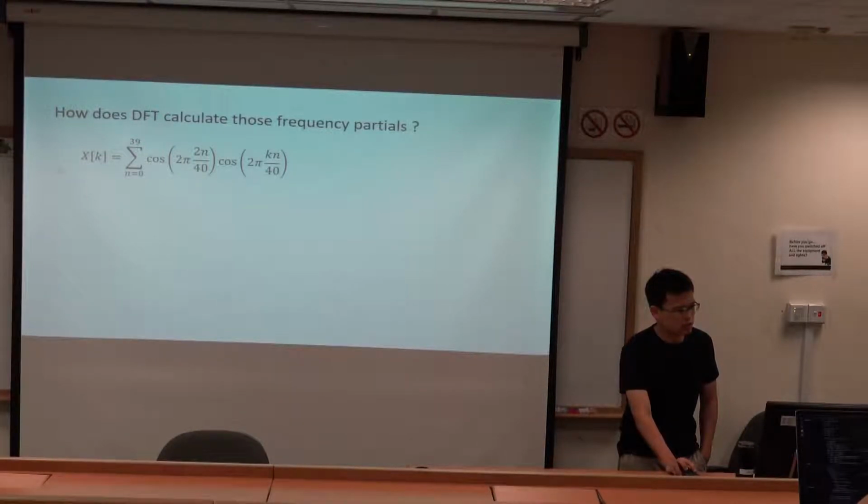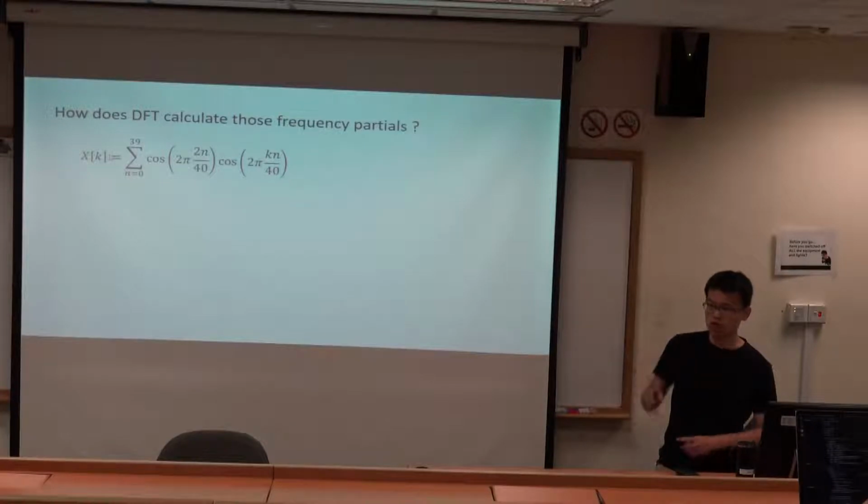So the k here means I'm comparing with the signal which oscillates k periods in 40 samples.